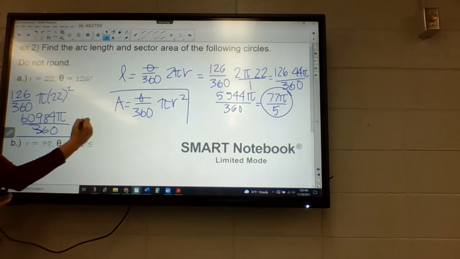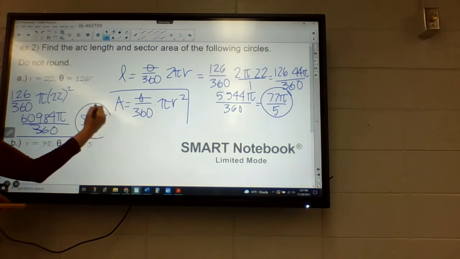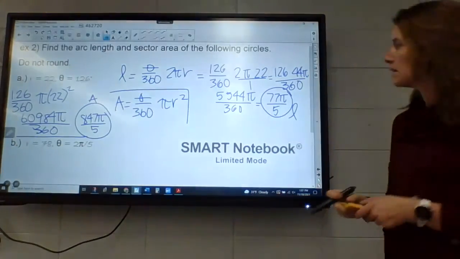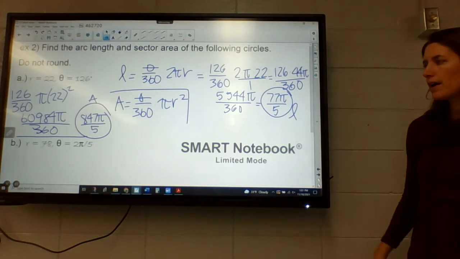It simplifies down, but not as much. So this is area, this is arc length here. So the do not round might actually be a little bit trickier depending on your comfort with fractions and simplifying those fractions.